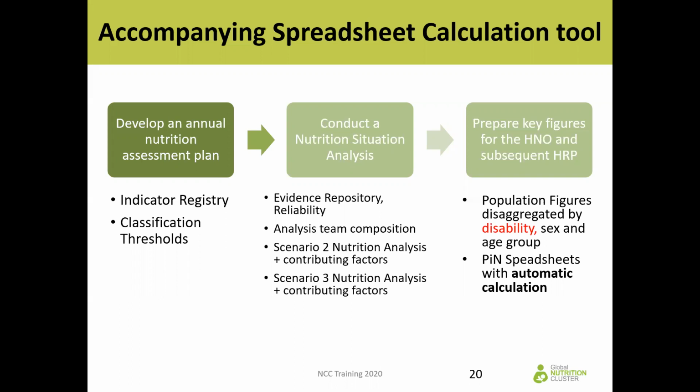So that's also one thing for the colleagues in scenario 1 that have an IPC acute malnutrition analysis that will be put forward. And we also have automatic calculations for the PIN. So all those formulas that I was showing you have been translated into automatic formulas with a full sheet to insert relevant country level population figures.